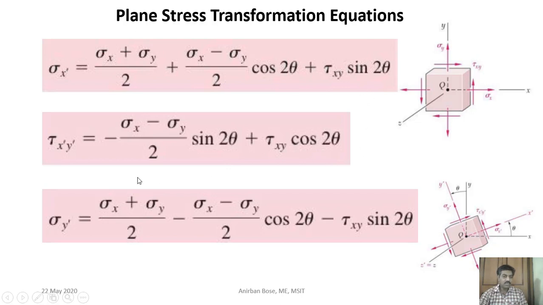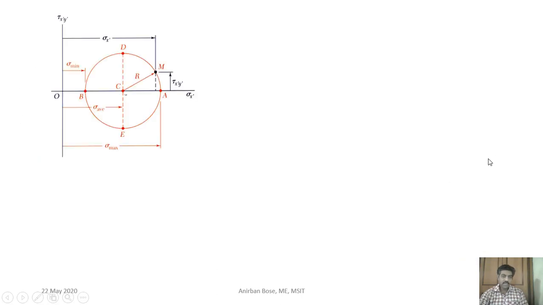If you eliminate theta, you will find that the equation becomes the equation of a circle. That is why sigma x prime and tau x prime y prime will be the coordinates on the circumference of a circle. That particular circle has been drawn here.